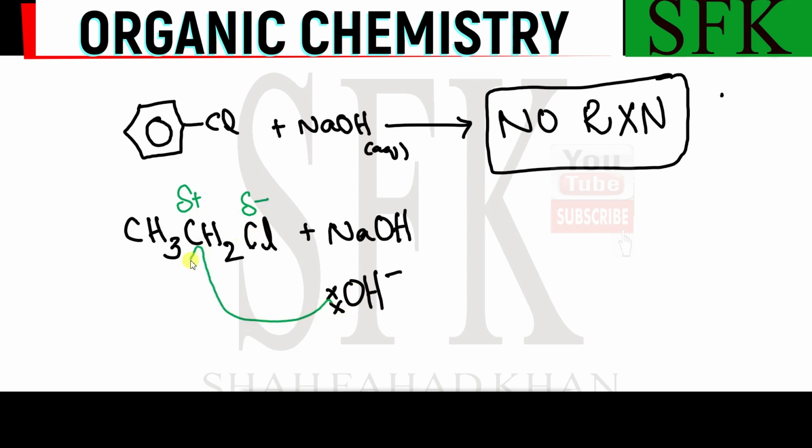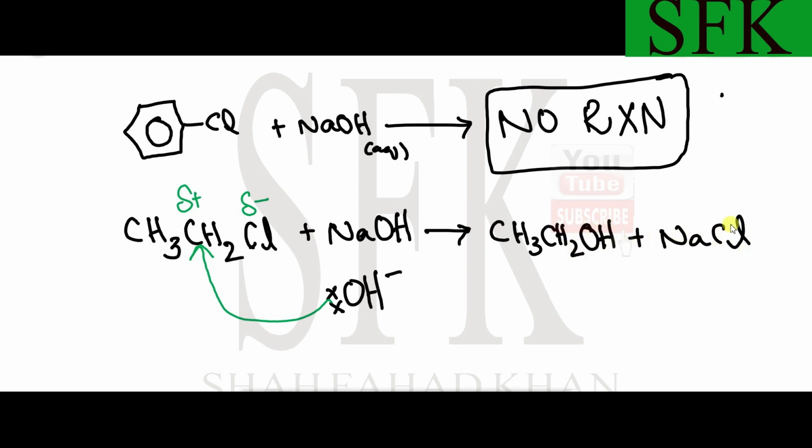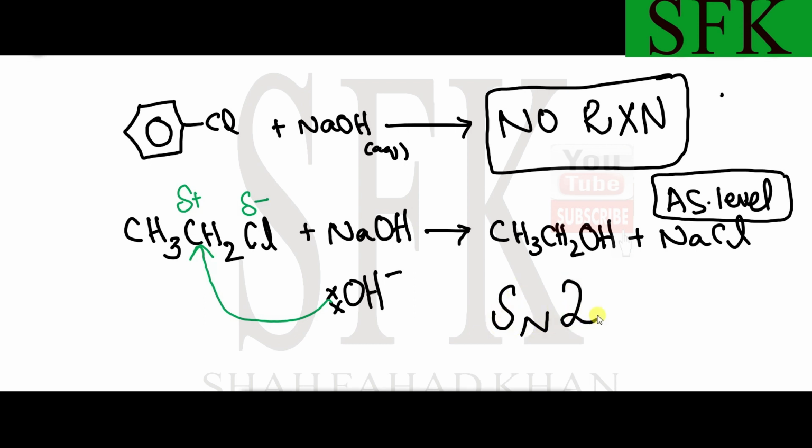Then this bond breaks, and through the SN2 mechanism, because it is a primary alkyl halide, we get our final product as CH3CH2OH, ethanol, plus NaCl. This is a reaction from your AS level chemistry. The SN2 mechanism applies here because it's a primary alkyl halide.